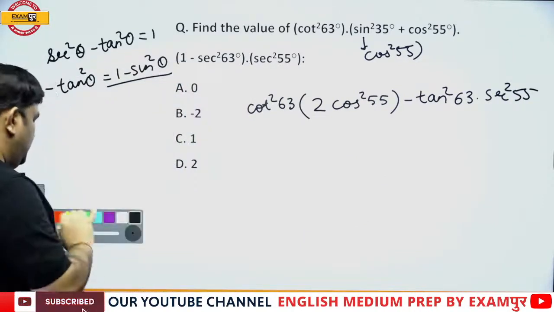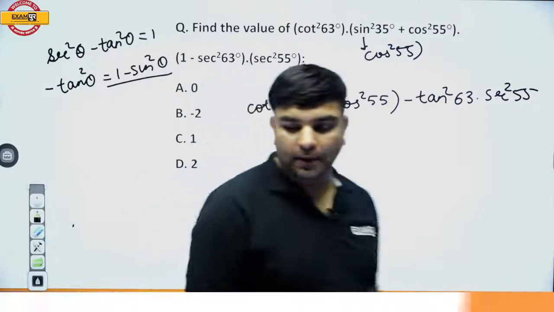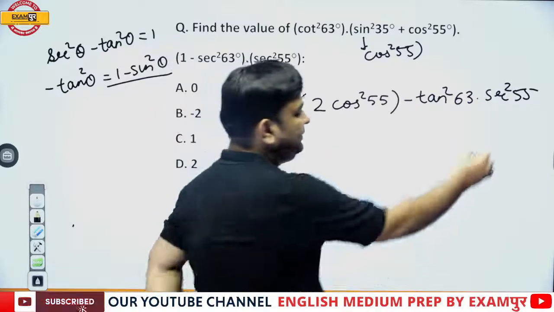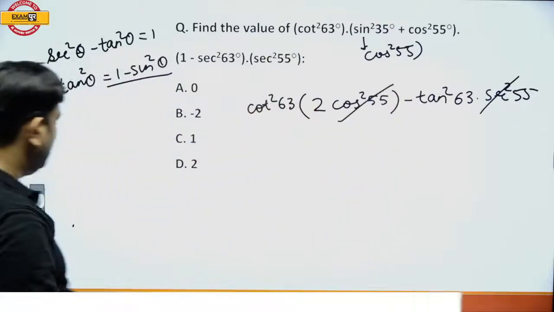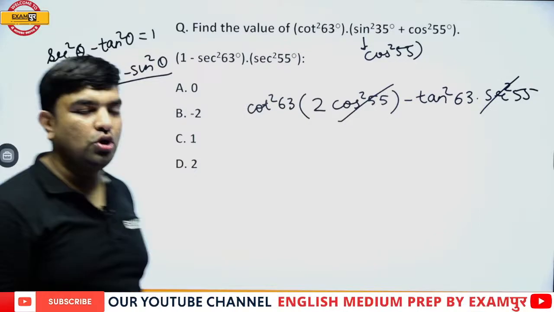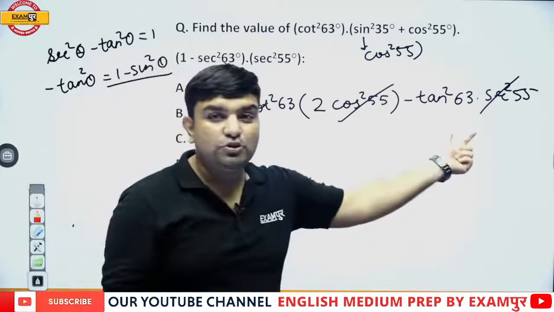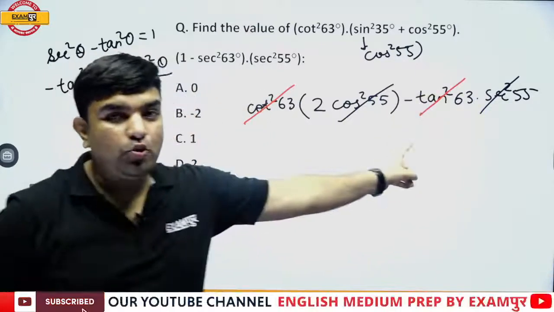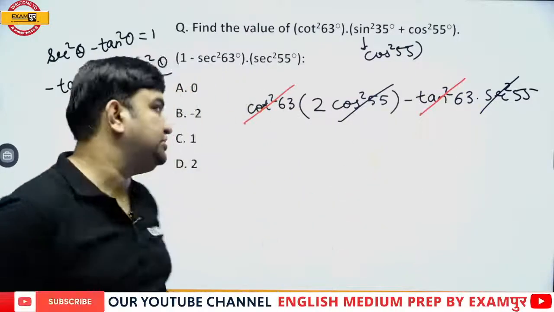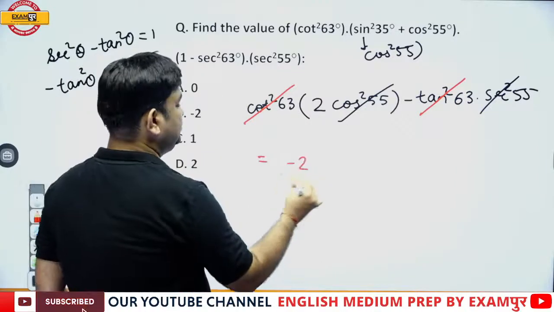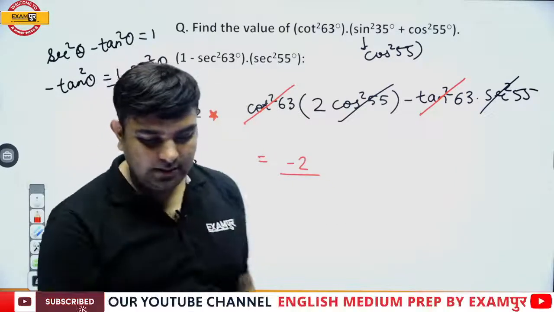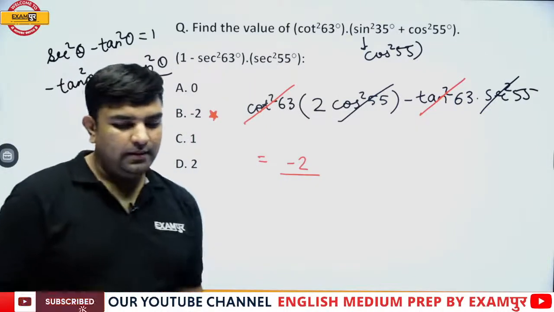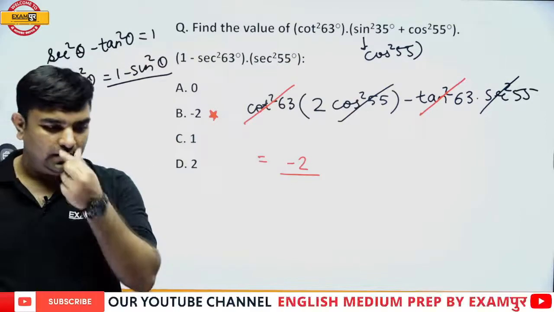Now please take care of it. Sec square 55 will cancel out cos square 55. Tan square 63 will cancel out cot square 63. The answer is minus 2. Who has got it? Any issues? Come on, do tell me.